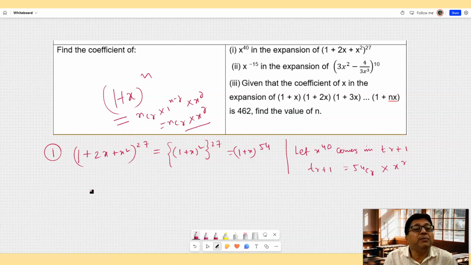So whenever 1 plus x to the power n is there, the coefficient of x to the power r will be nCr. Coefficient of x to the power 10 will be nC10, like that. So T r plus 1 is this. Here you expected x to the power 40, but you got x to the power r. So this implies r equal to 40. So what is the coefficient here?